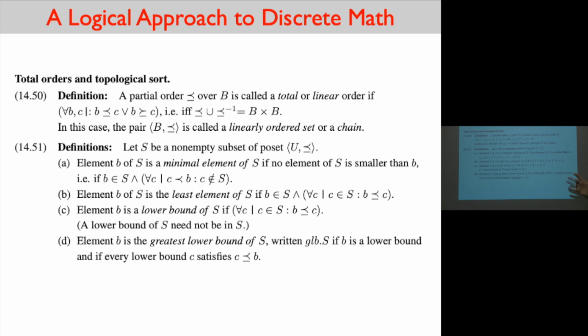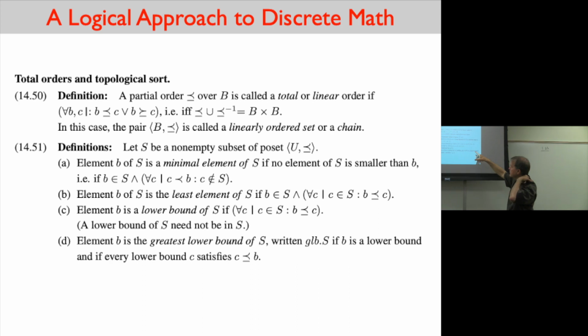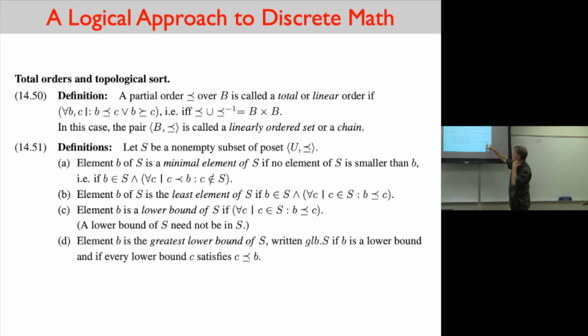Okay, let S be a non-empty subset of poset U with this relation. This is 14.51. We do have an image of this. Element B of S is a minimal element if no element is smaller than it.